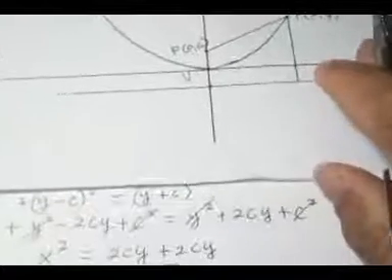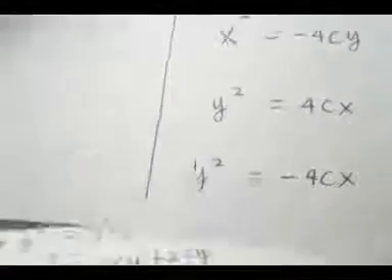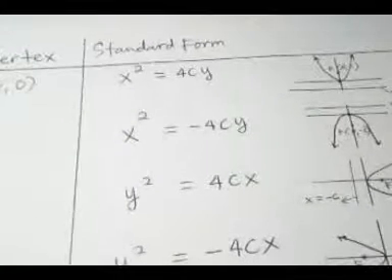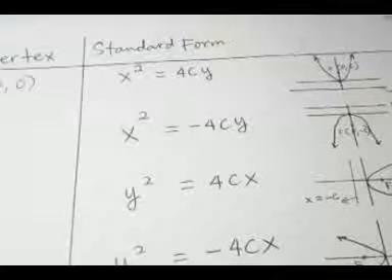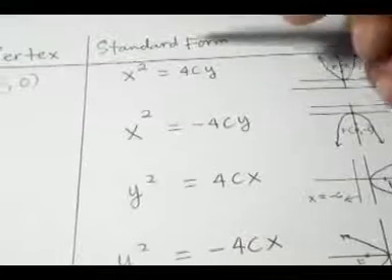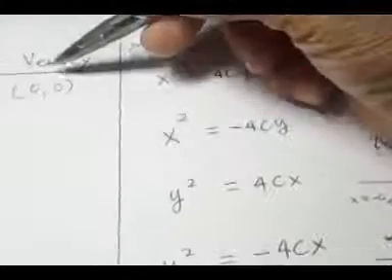Now, as a summary, we have here the resulting equations of the parabola whose vertex is at the origin, or the vertex is at (0, 0).